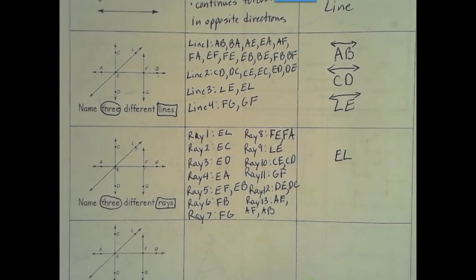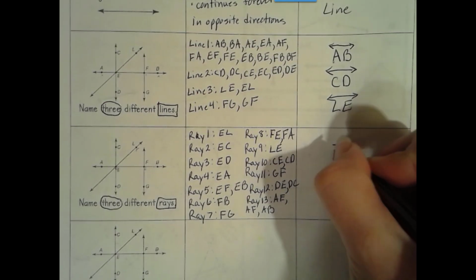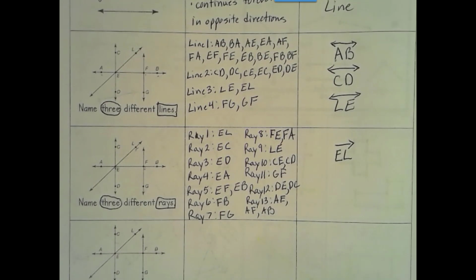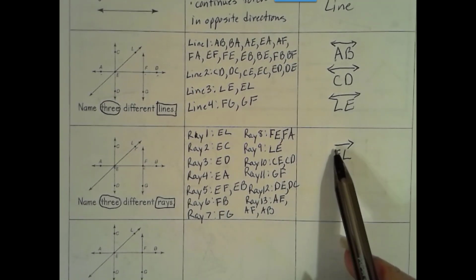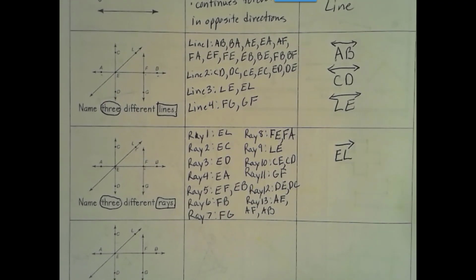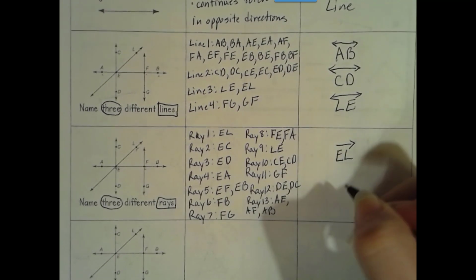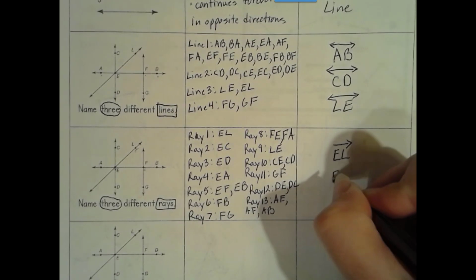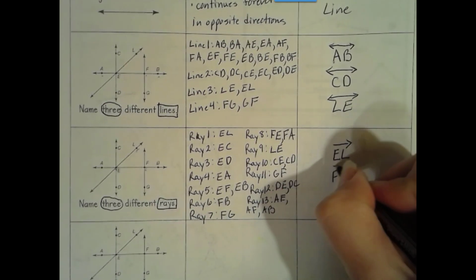And how do I know that this is a ray and not a line or the distance between those points? I actually draw a ray on top. Nothing at this end, an arrow at this end. Endpoint always has to go first. Let's have a different beginning letter. I'm going to do ray 6. Endpoint first.